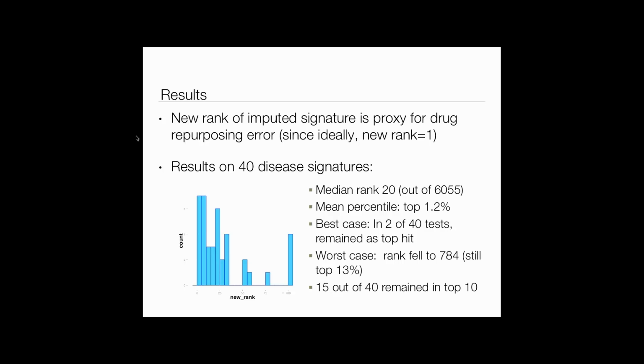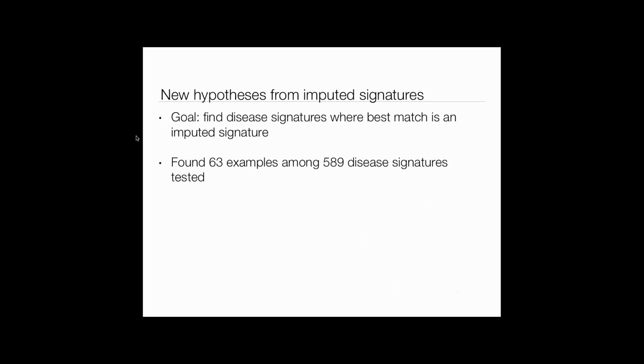Okay. The last thing that I'm going to talk about is continuing in the same vein. I wanted to see if the imputed signatures would actually generate new hypotheses. The goal was to find disease signatures where the best match was an imputed signature.